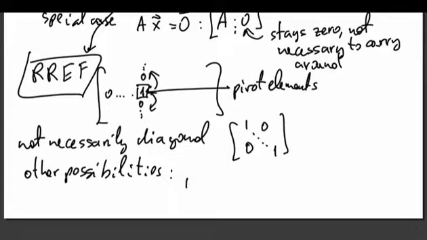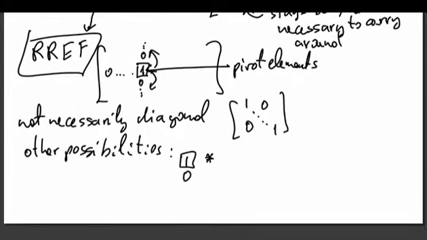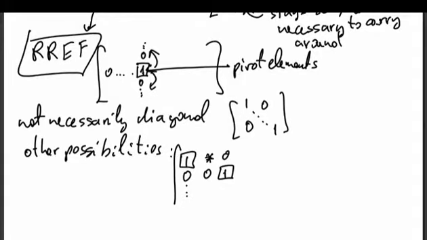We can have things like 1 here, and then some other entry star, but under the pivot we must have 0, and then maybe in the second row, in the 2-2 entry, we don't have a pivot. We might have the pivot, the leading non-zero entry, in the third place. Above this we must have 0, and under it we must have zeros. And then whatever we can have.